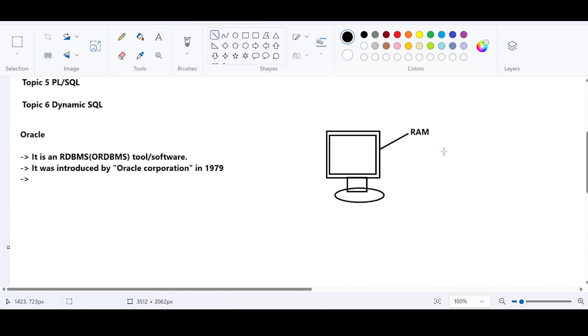To process any kind of application, there should be a temporary memory. That temporary memory is RAM. RAM consumes memory and releases the memory as per the requirement. If you're running an application, a temporary memory is required, and it will be taken care of by the RAM.